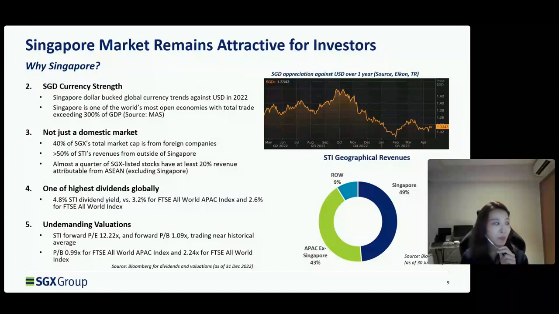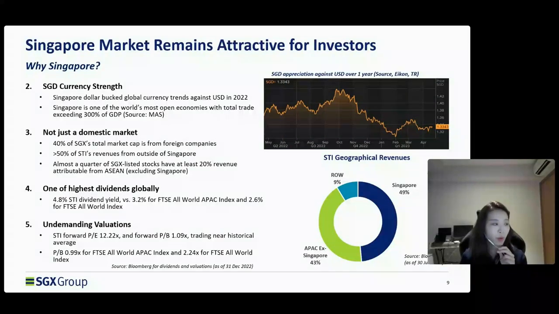Another two factors are the dividend yields and valuations. The STI has always been one of the highest, I would say the highest, offering the highest dividend yield globally for the longest time, even up till now, if you look at the comparison on the slide.